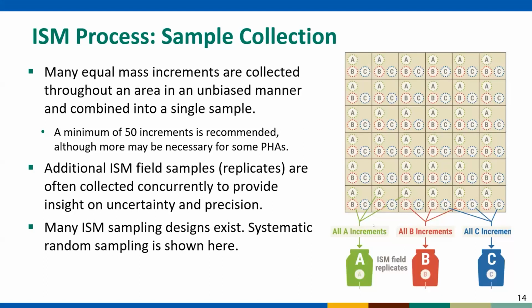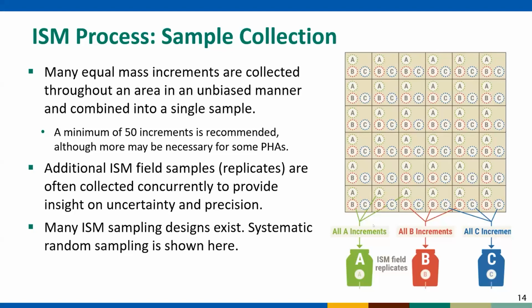This figure shows a square with a 6x6 grid laid over it, which divides the area into 36 grid cells. Under this type of sampling design, the sampler would systematically collect equal mass soil increments or mini samples at a consistent depth from the top left-hand corner of each cell, shown in this image as all the A sampling locations.